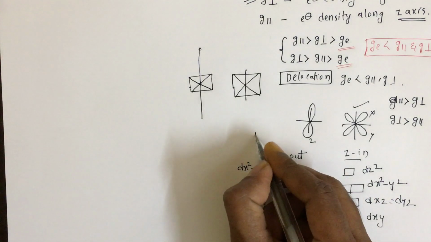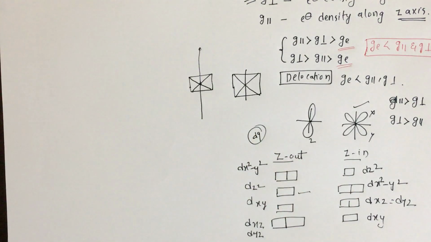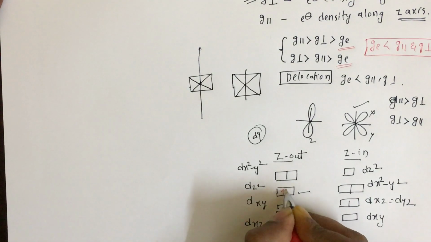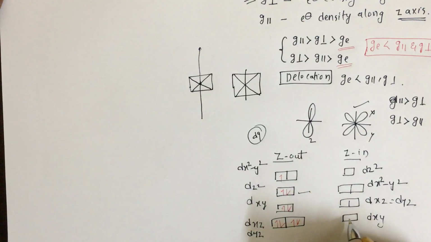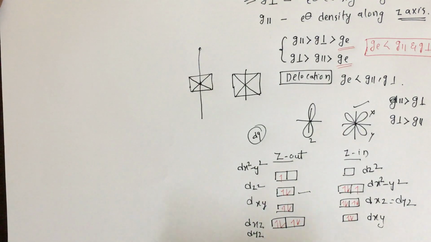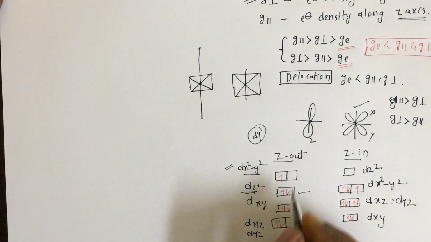So now take a d9 system. Just fill 9 electrons here: 1 2 3 4 5 6 7 8 9, and here also 1 2 3 4 5 6 7 8 9. In this case, along the Z axis 2 electrons are there, along the X and Y axes only 1 electron is there.